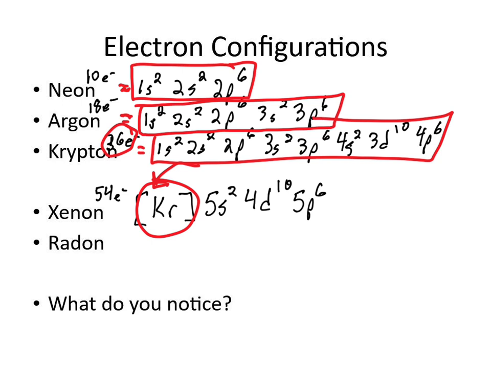So looking at radon, that's going to be how many electrons for radon? 86. I'm going to look at the next largest noble gas, which in this case is xenon. I'm going to put square brackets and write Xe to say, hey, just go reference the electron configuration for xenon if you need to know those inside ones.